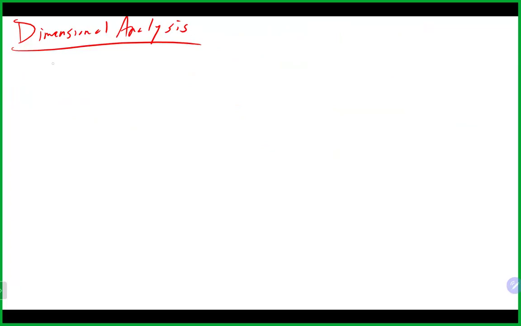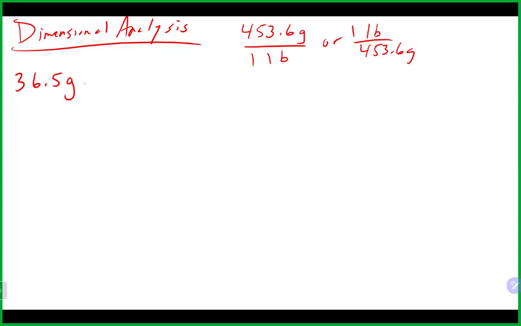And again, if we had those two conversion factors, 453.6 grams per pound, or a pound is 453.6 grams, and we had 36.5 grams, we would use it so opposites cancel, so 453.6 on the bottom, 1 pound on top.